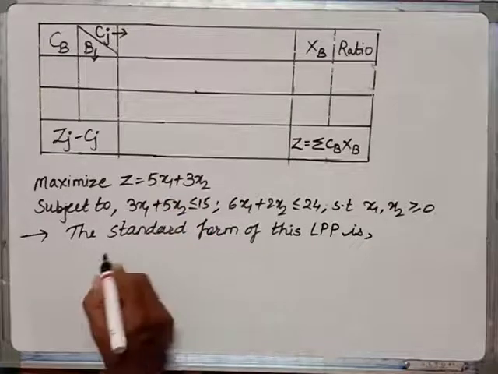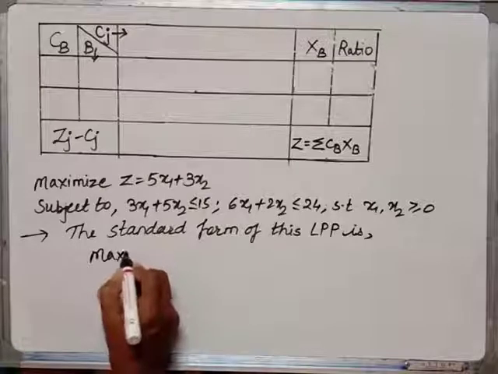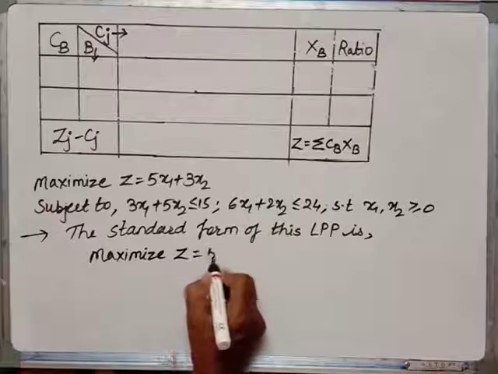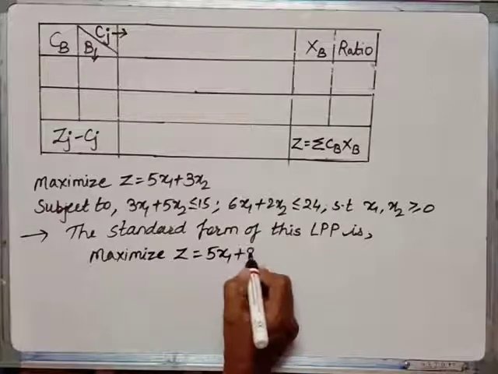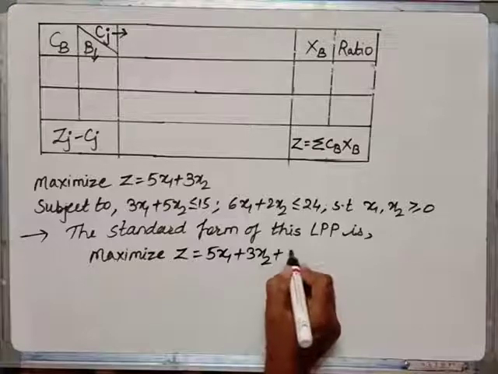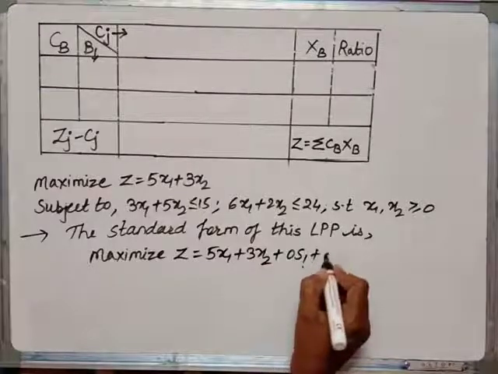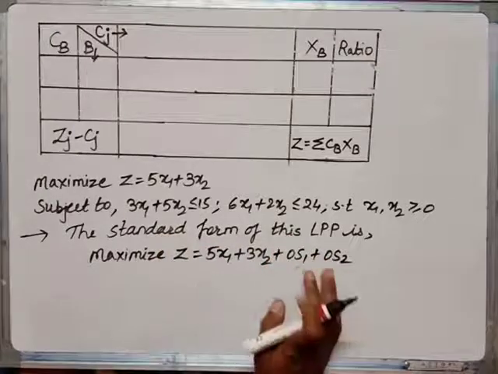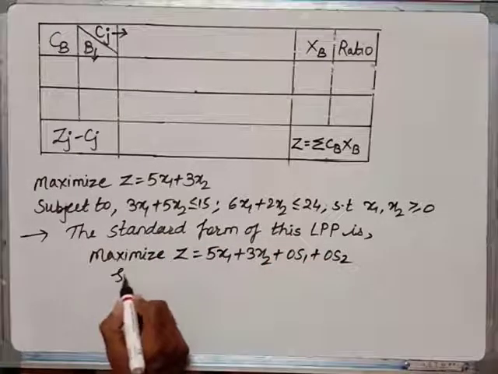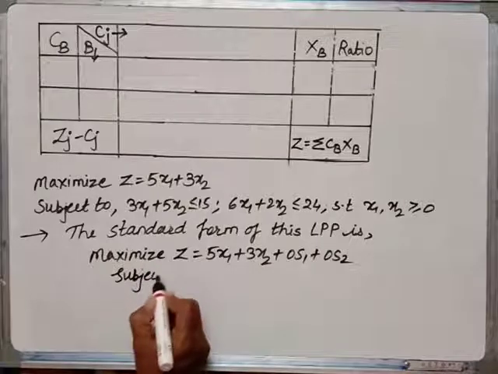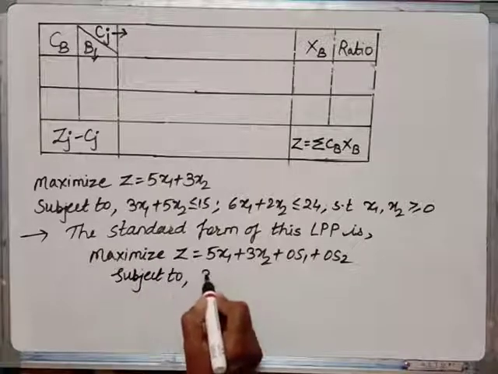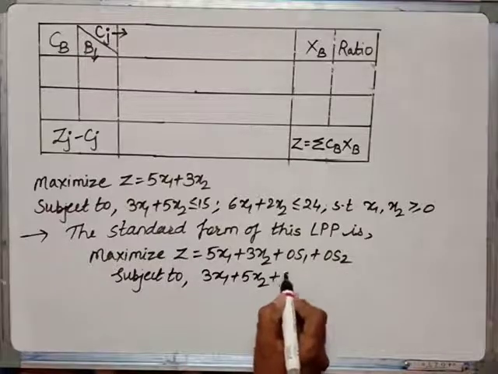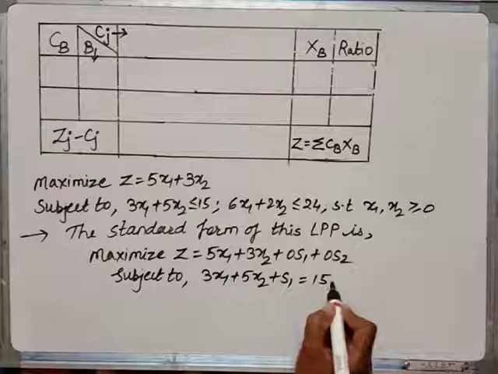Standard form of this LPP is: maximize Z equal to 5x1 plus 3x2 plus 0s1 plus 0s2. S1 is a slack variable, S2 is also a slack variable. Subject to 3x1 plus 5x2 plus S1 equal to 15.